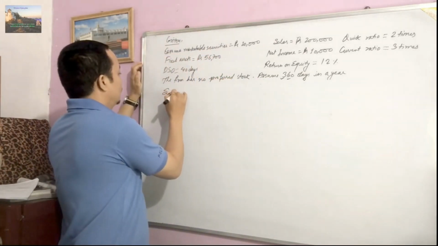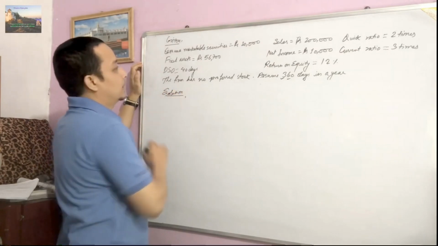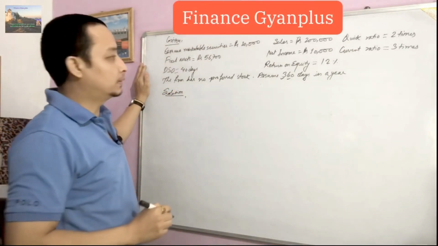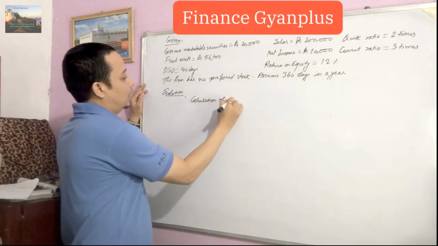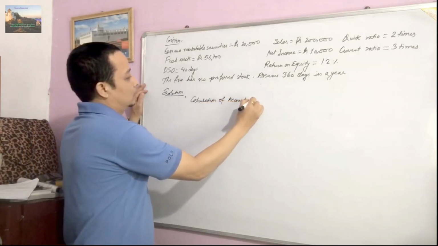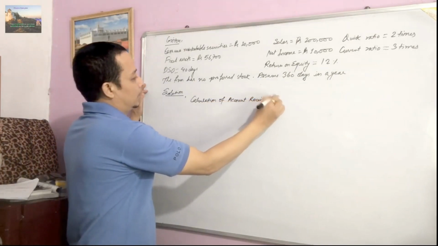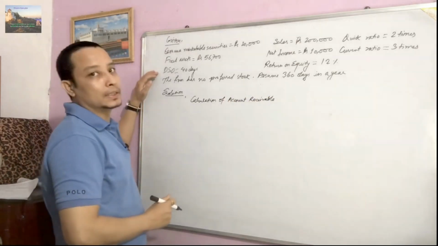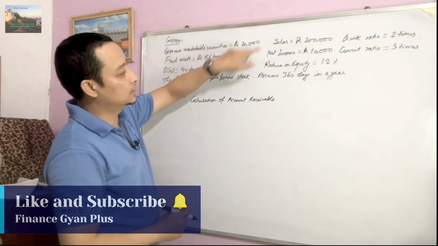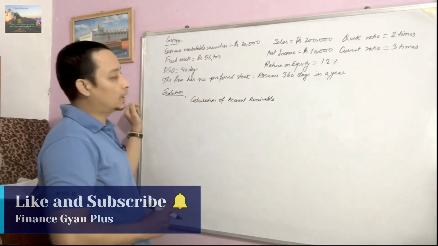Solution. First you have to find account receivable. Calculation of account receivable. You can use the information here, days sales outstanding, sales and days in a year to find the account receivable.